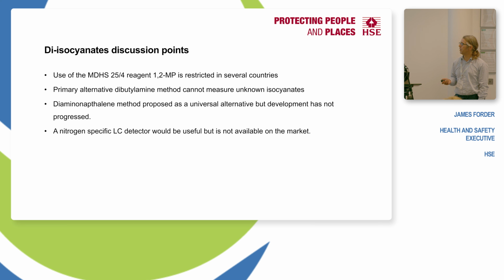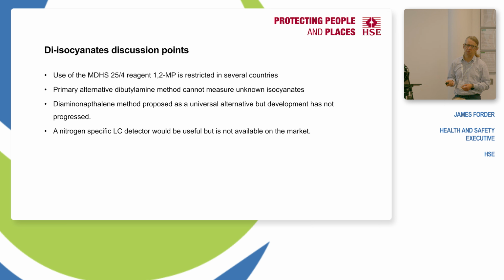There's a diaminonaphthalene method that's been proposed. You react the diaminonaphthalene with the isocyanate and then measure the product of the diaminonaphthalene, which is changed but not bound to the isocyanate, rather than measuring the bound species. So it's a simplified method.